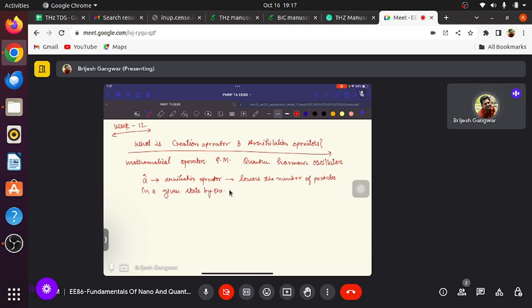A creation operator is denoted by a dagger, and it is called the creation operator. What it does is increase the number of particles by 1.